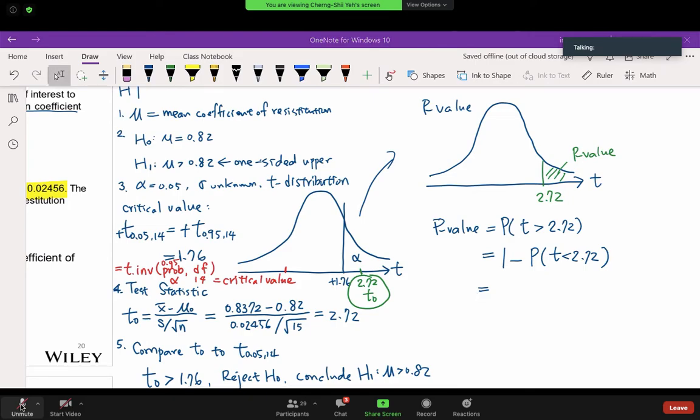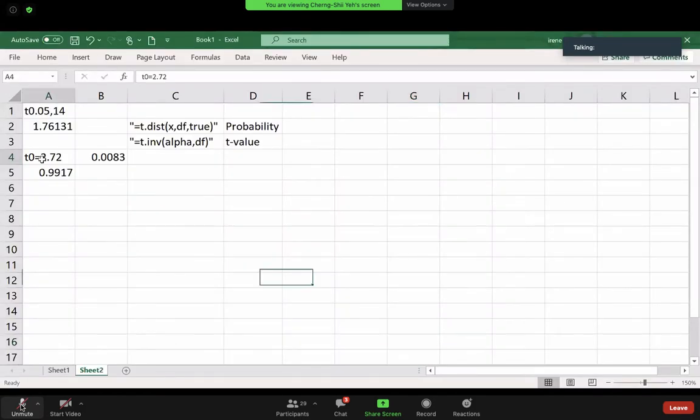I'm going to share my Excel. This is my test statistic, 2.72, and I want to derive the probability.